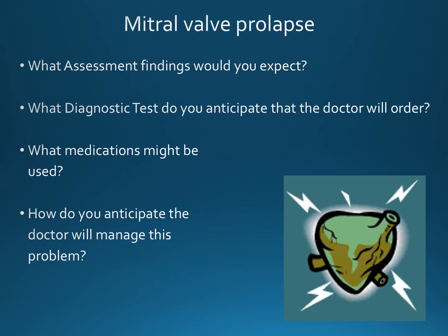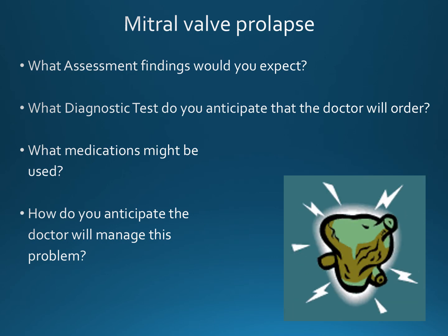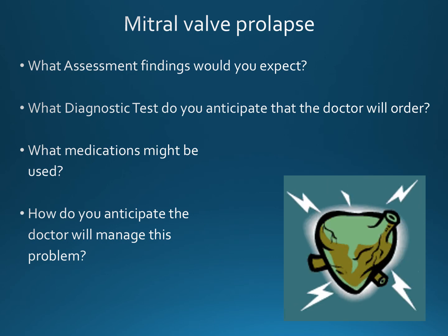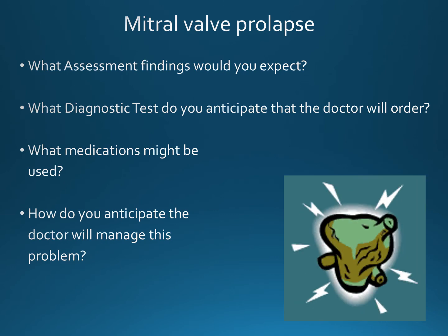Valve repair, though, is preferred when possible, as it is less likely to weaken the heart. Repair also lowers the risk of infection and decreases the need for lifelong use of blood thinners. If repair isn't an option, though, the valve can be replaced.